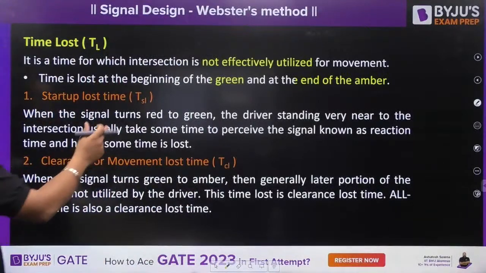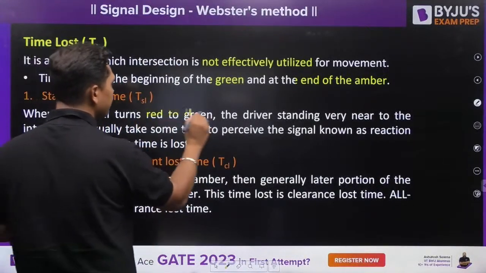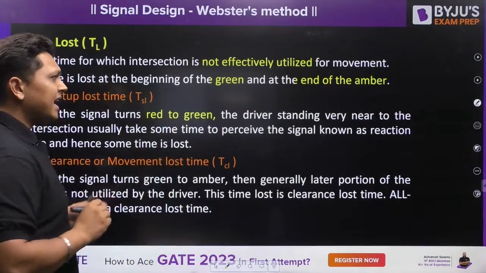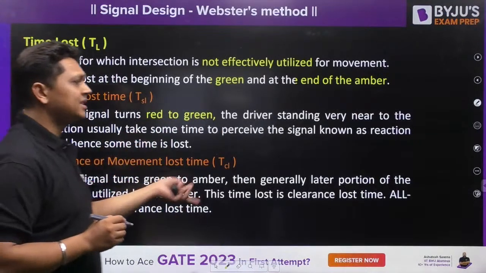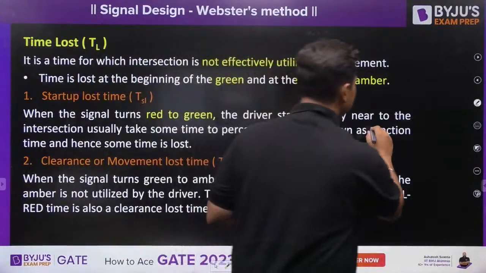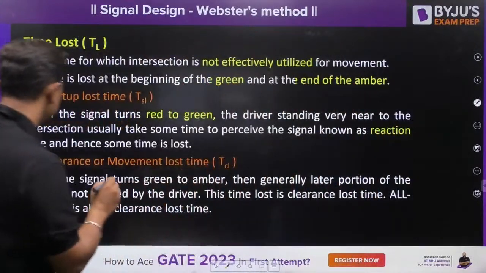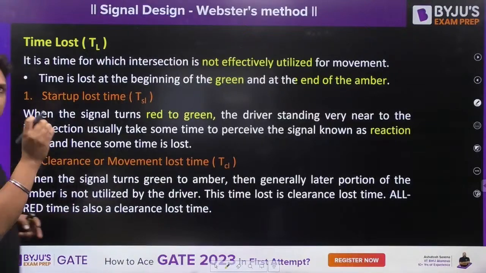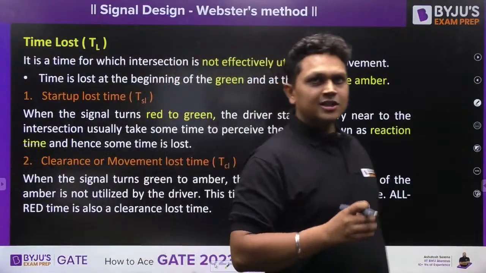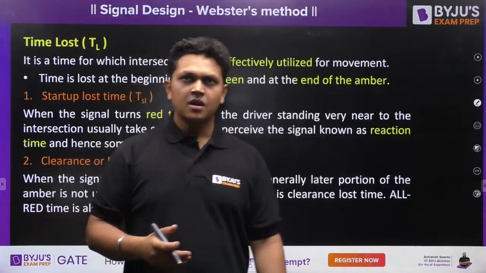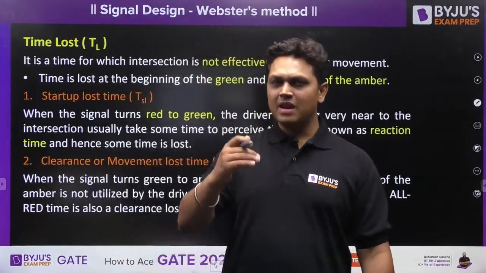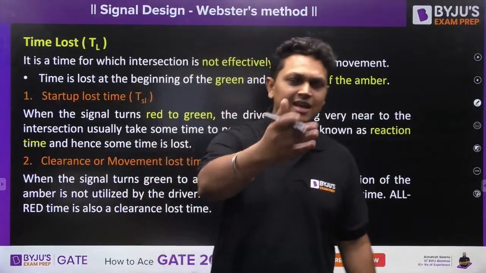When the signal turns red to green, the driver standing very near to the intersection usually takes some time to perceive the signal, which is referred to as the reaction time, and hence some time is lost. Similarly, when the amber sign is going to end, the red sign will come.